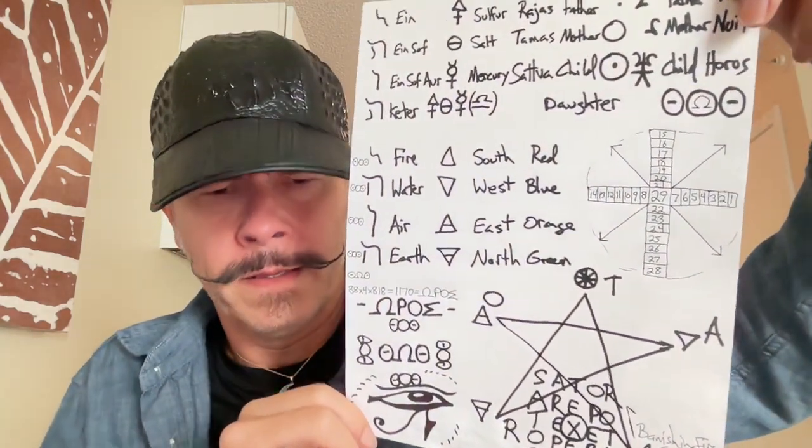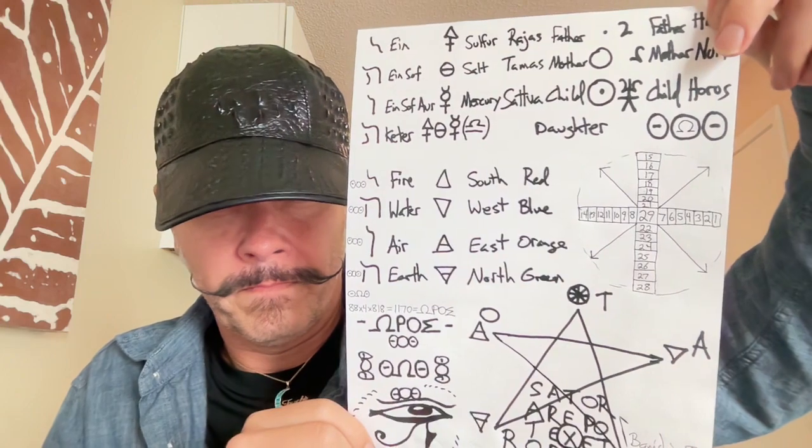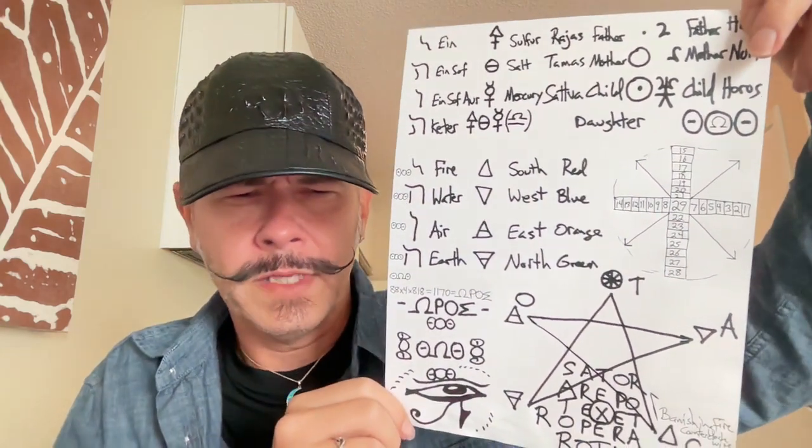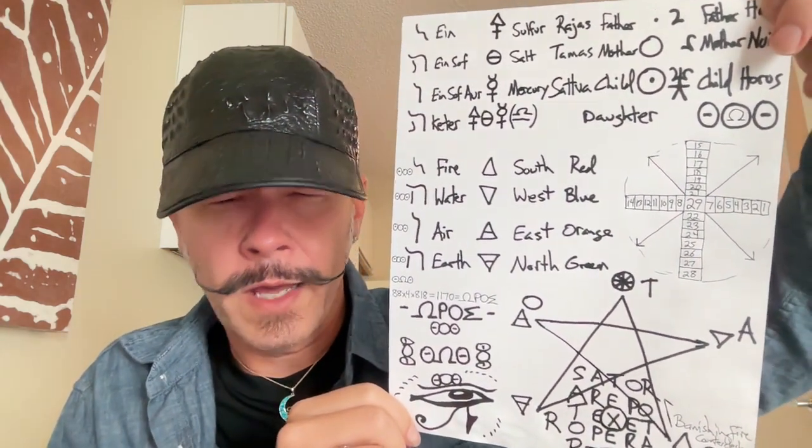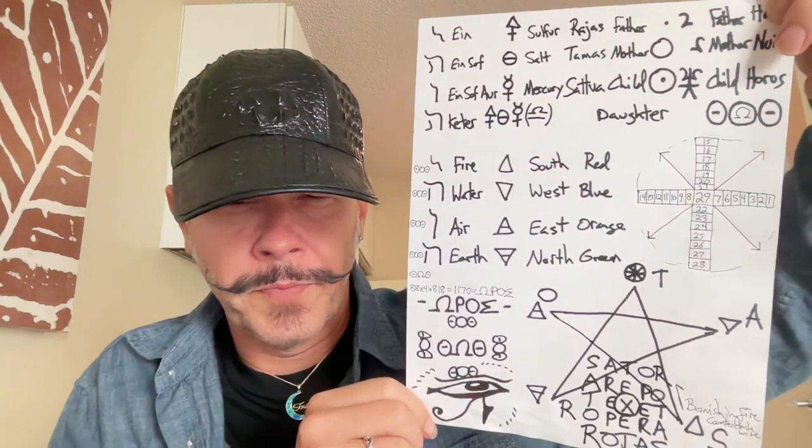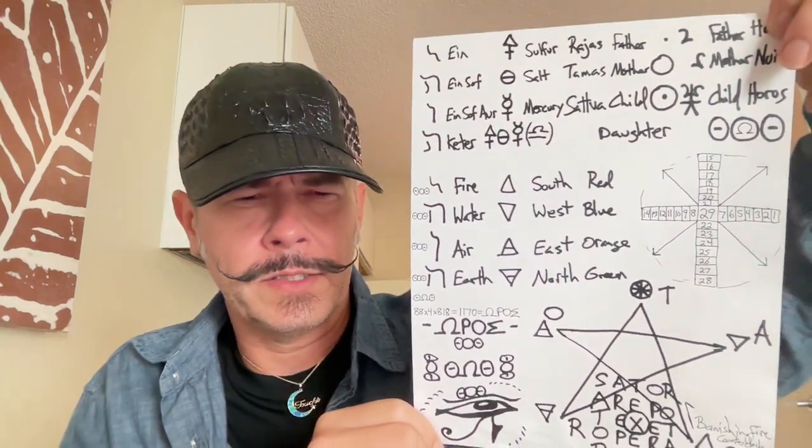Now, I use this highest order of the elements because you have to take the perspective of being Deus Pharaoh, the holy emperor, ceremonially.